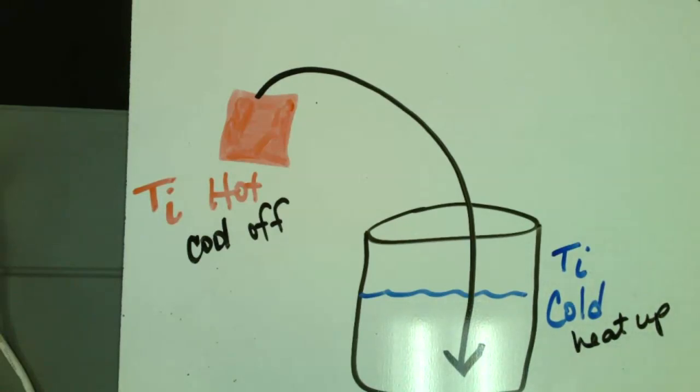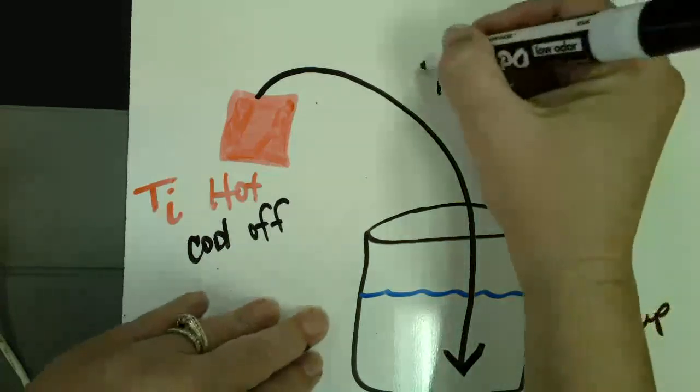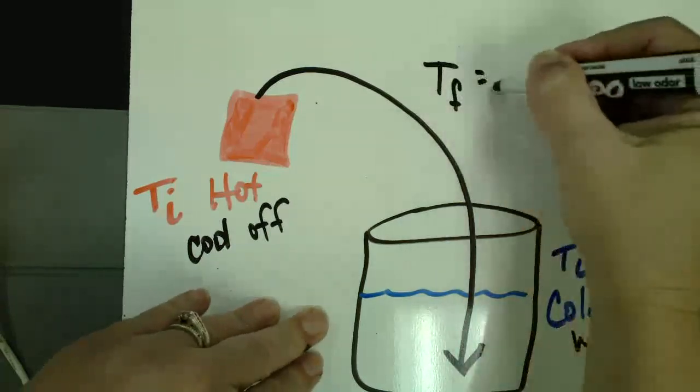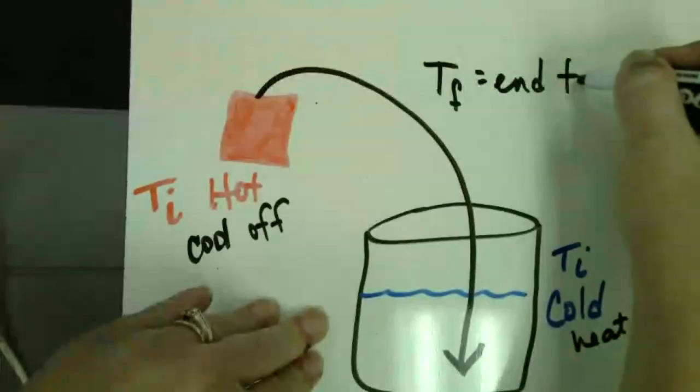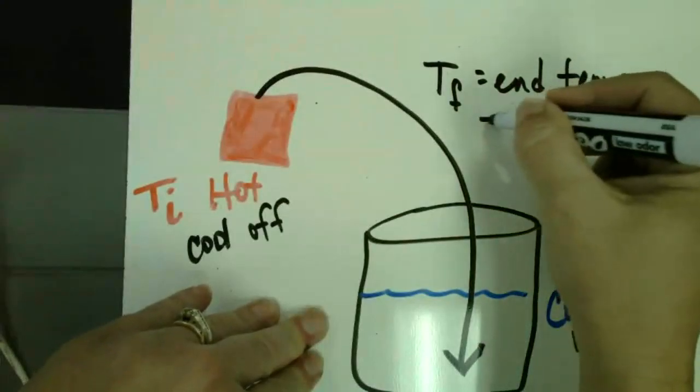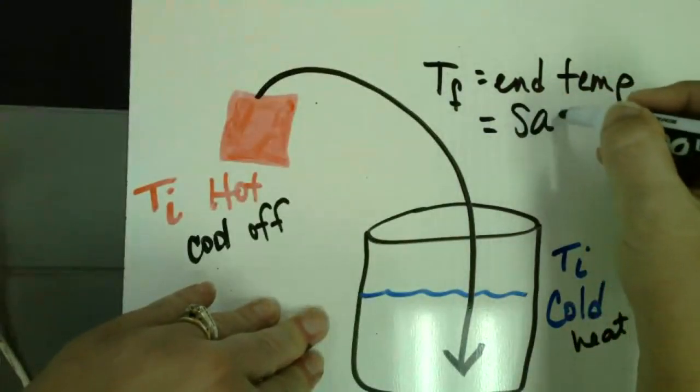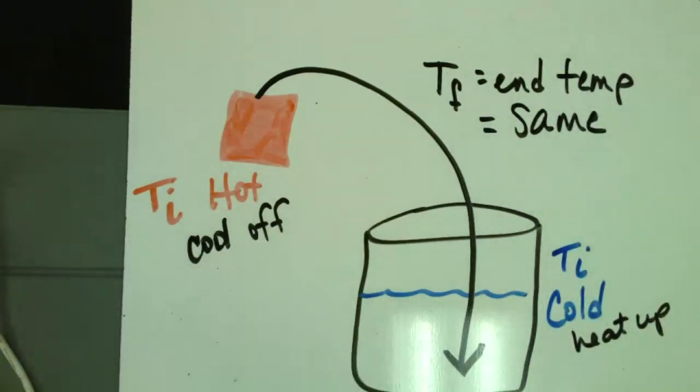Now, eventually, when those two things sit together long enough, we're going to end up with a midpoint. They're going to end up at the same temperature. The same temperature, this ending temperature, which we call T final, is going to be the same for both. In the end, they're both going to have the same temperature.